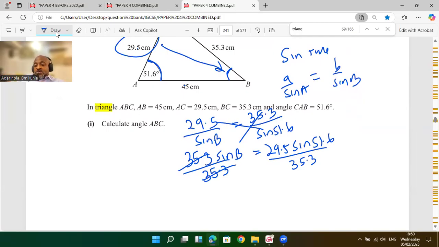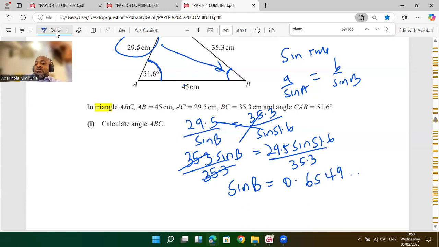So with the calculator, I want to say 29.5 times sine 51.6 divided by 35.3. Okay, so this is where it gets interesting. Sine B is equal to 0.6549, and some other numbers are following.